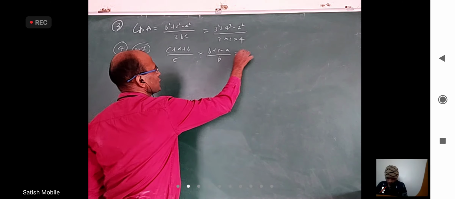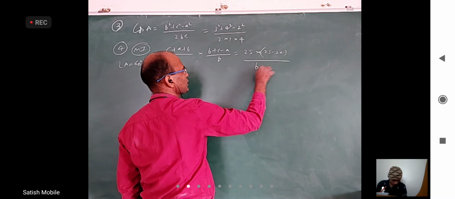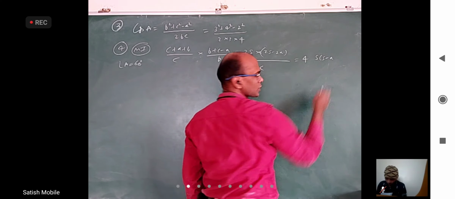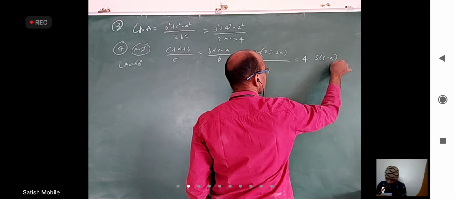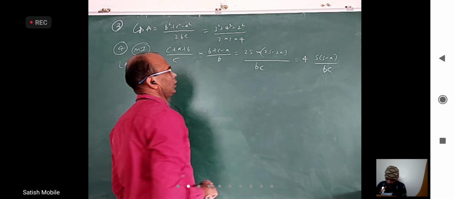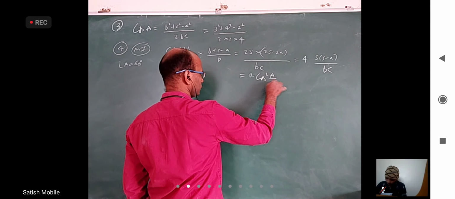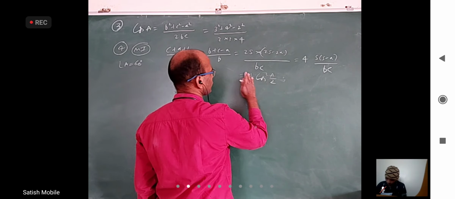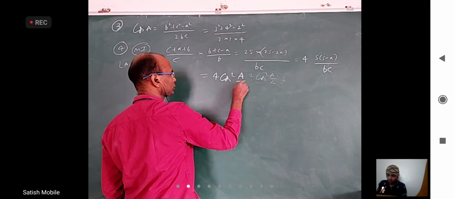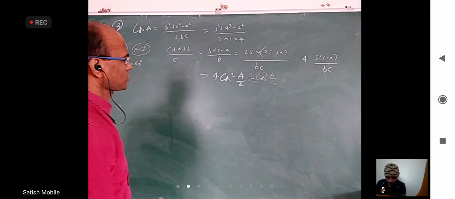This is actually 2S, this is 2S minus 2A by BC. That is 4 into (S - A) by BC. S into (S - A) is the formula for cos square A by 2. And cos 30 degrees.